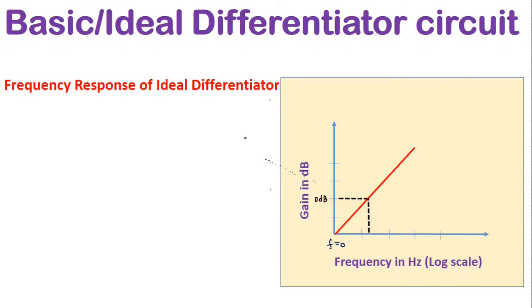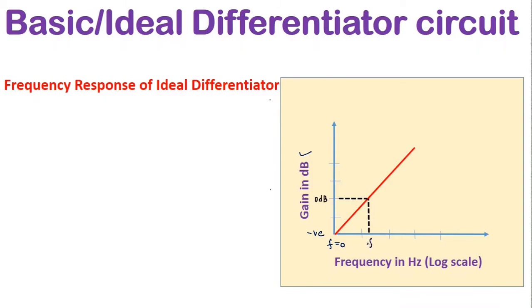Now we draw the Bode plot for the ideal differentiator circuit. So here we have represented frequency in hertz in the logarithmic scale in the x-axis, and the magnitude of gain is taken in decibel in the y-axis. So here we can see that at frequency equal to 0, the magnitude of gain in decibels will be a high negative value. So we can take any value which is negative in decibels.